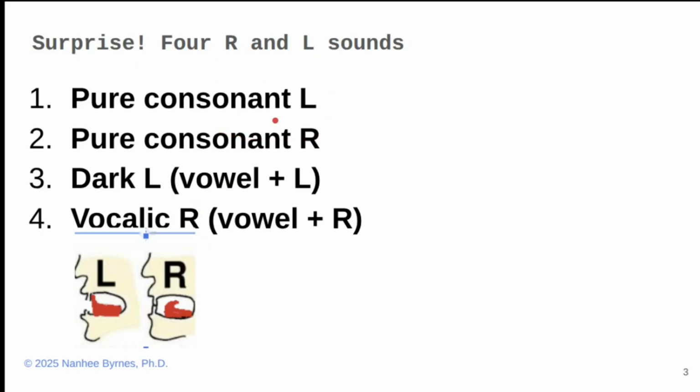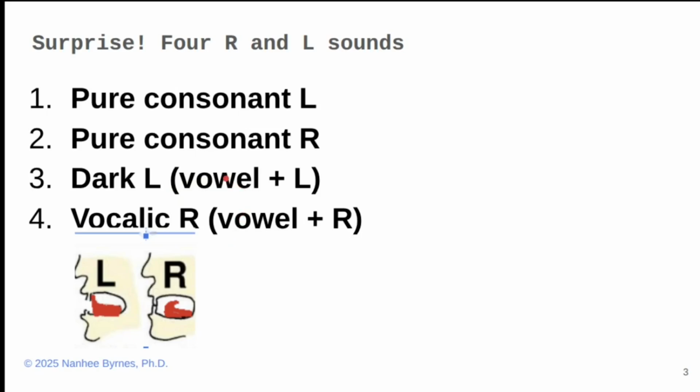To pronounce RL or LR combination words, the first thing you must understand is that R and L each have 2 distinct sound types: pure consonant L, pure consonant R, vowel-colored L, dark L, vowel-colored R, vocalic R. The vowel-colored versions behave like consonants plus a built-in vowel.